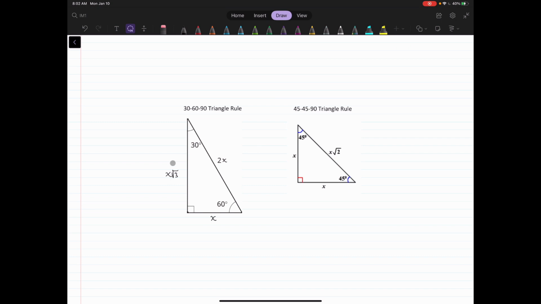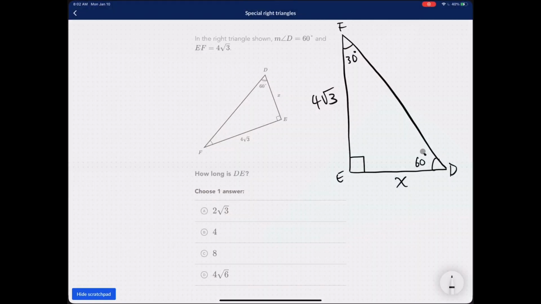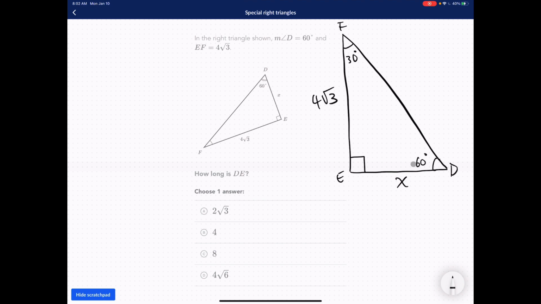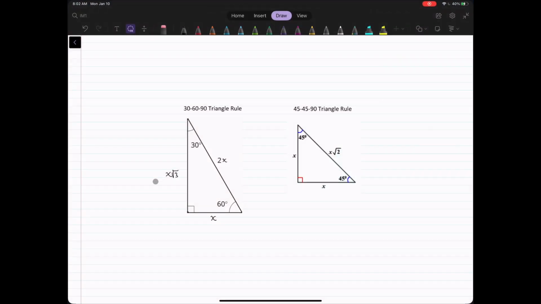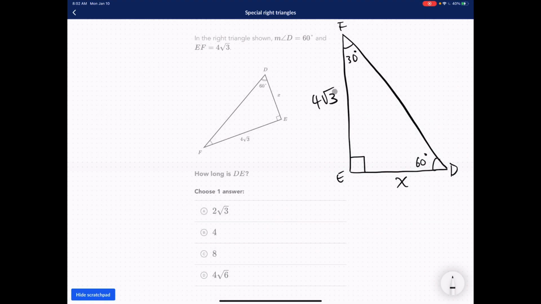So let's take a look. What we know is that this length across from the 60 degrees is x square root of 3. So this is equal to x square root of 3, and we're going to replace this with y for now. Then you're like, oh, that's interesting, we have to solve for x.